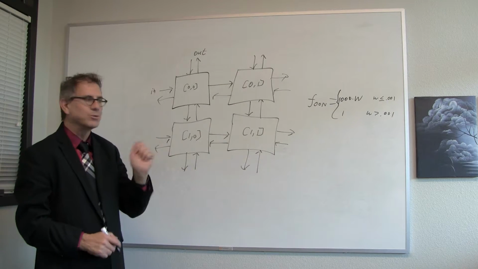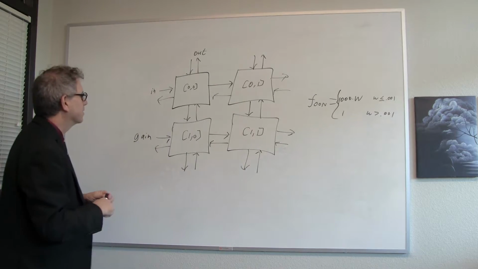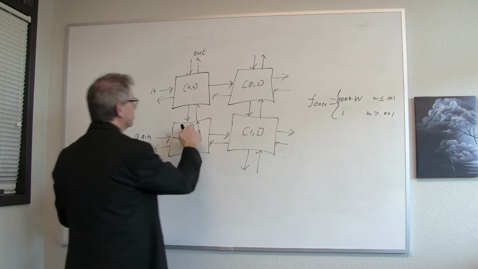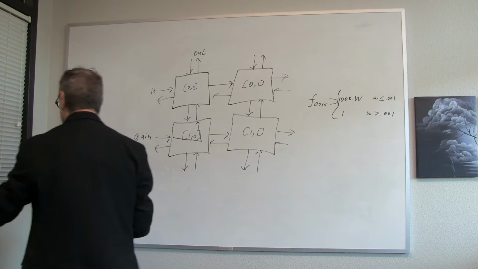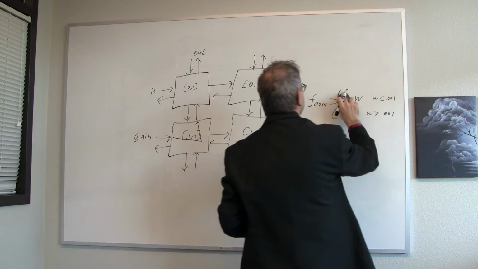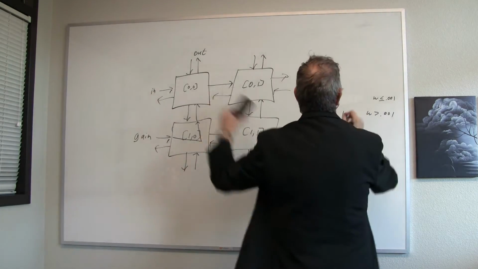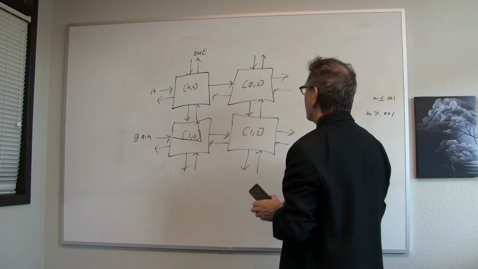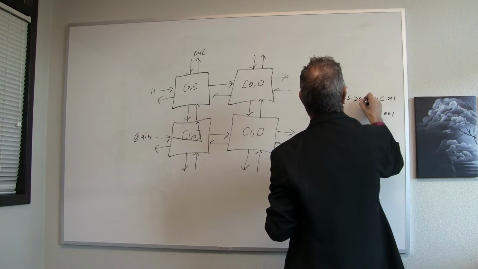If you want a variable gain control, we could have a gain input here, and we could take this input and map it to the north so that it comes into the south of this. And now we can modify this function and say this is, let's say, the western input times the southern input, and let's multiply it by an additional 200.